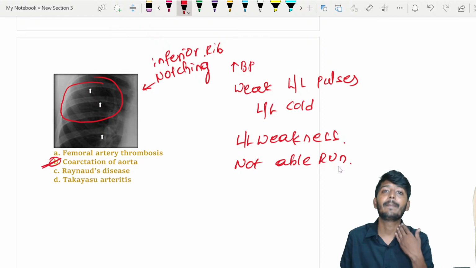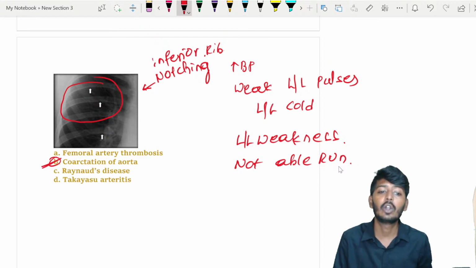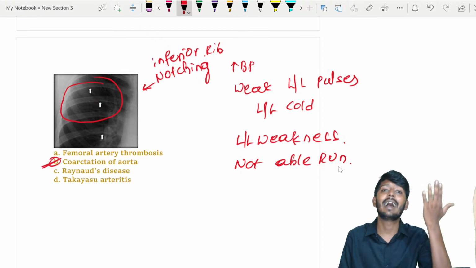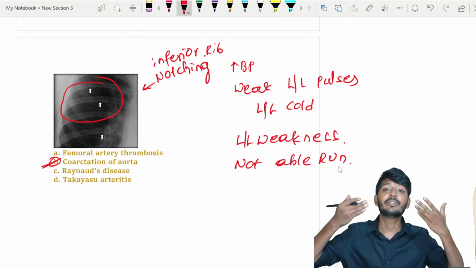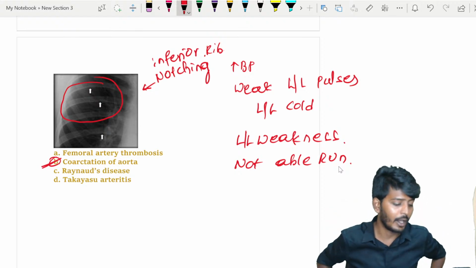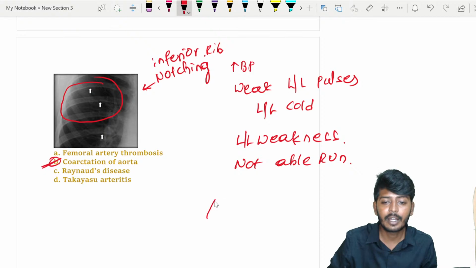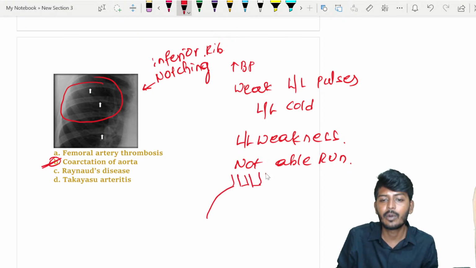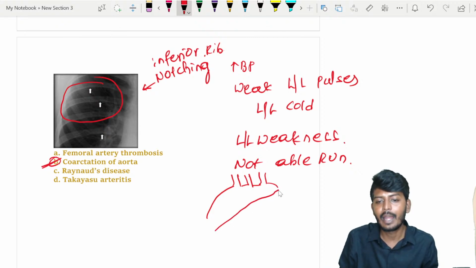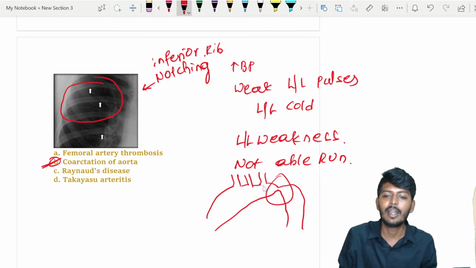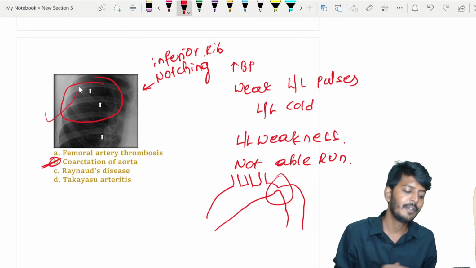When you compare the pulses and blood pressure of upper and lower limb, the upper limb will have a higher blood pressure and the upper body is well developed, lower body is not well developed because of coarctation of aorta. After the 3 blood vessels which come out from the arch of aorta, there will be narrowing, and the aorta will be like this. So automatically the lower limb will have less blood supply, which will create an inferior rib notch.